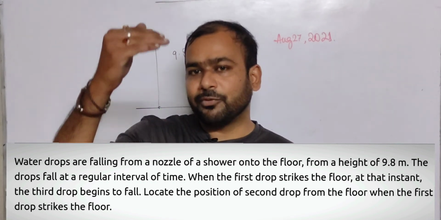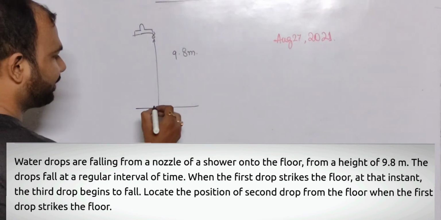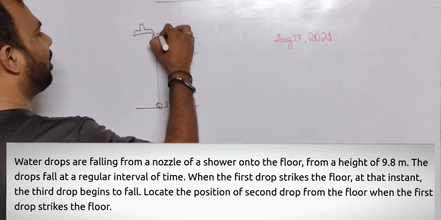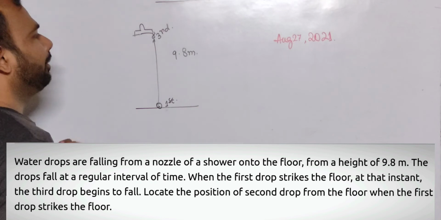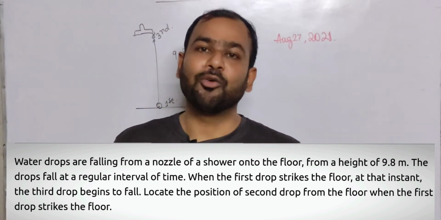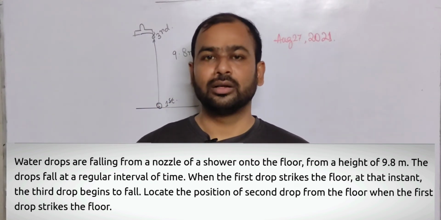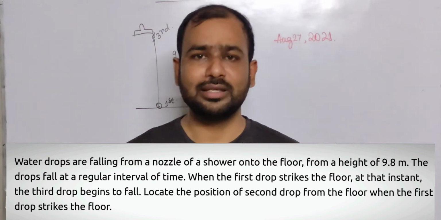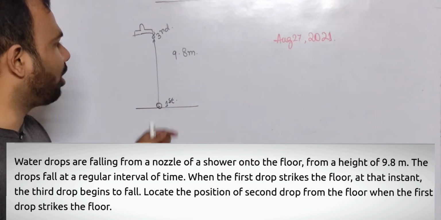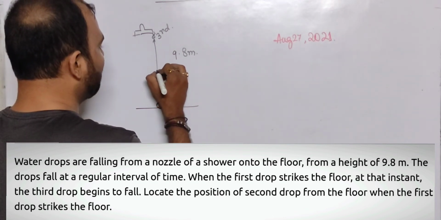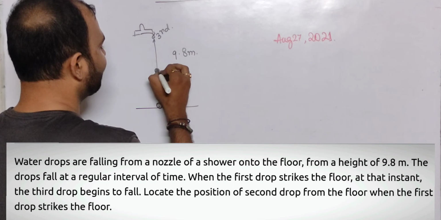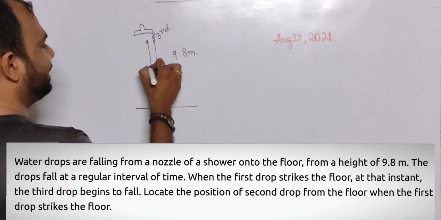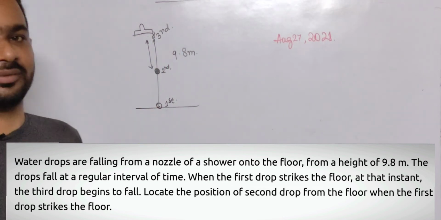When the first drop touches the ground, the third drop begins to come out from the tap. The interval between the drops is uniform. That means if the third drop begins to drop, there will be a second drop between them. We are asked the distance between these two drops.